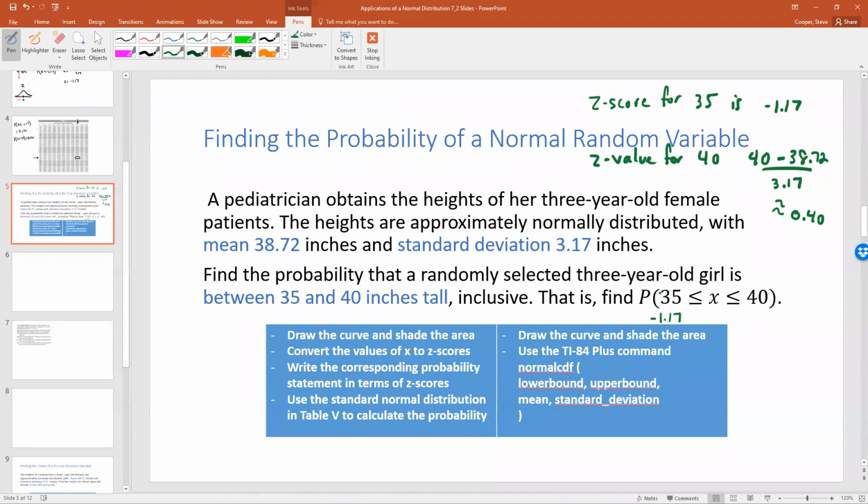Okay, so let's rewrite this in terms of standard Z. What we're interested in is the probability that negative 1.17 is less than Z, less than 0.40.